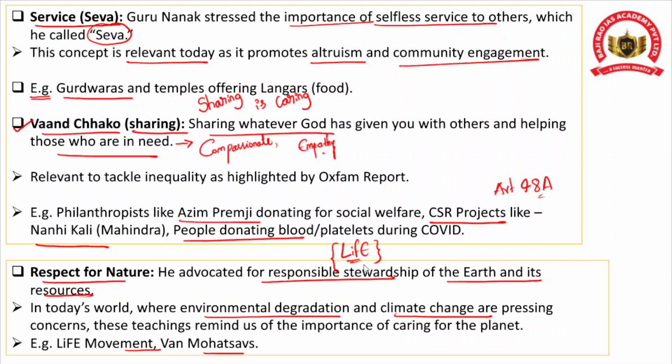So when you write a conclusion for this answer, you just write that these values propounded by Guru Nanak Dev Ji are still relevant in our country and in the entire globe, because this ensures a more responsible, compassionate, empathetic society where everyone's rights are respected and everyone is treated equally.